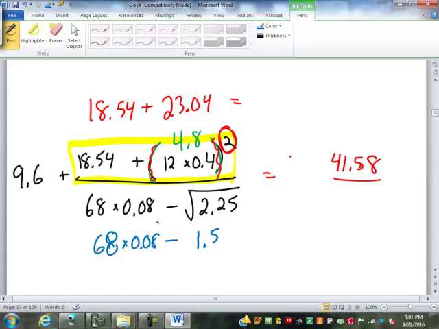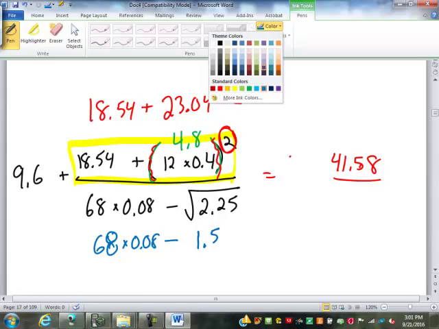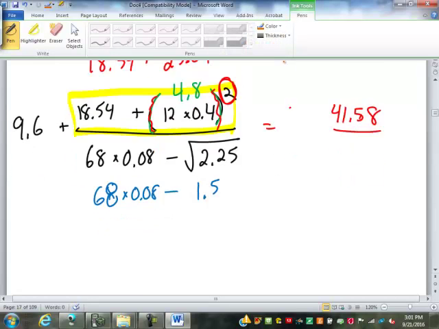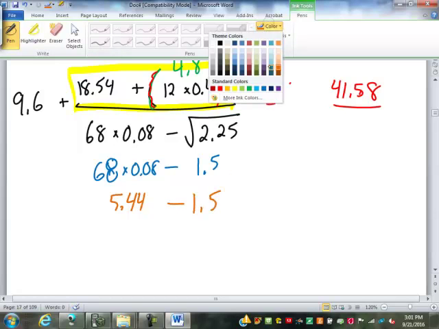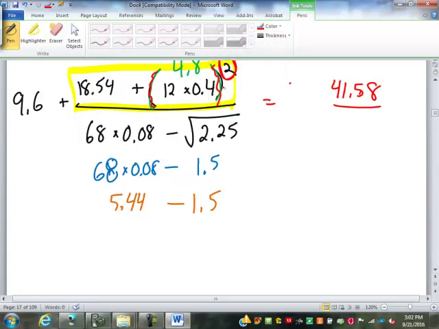Next, we have to do 68 times 0.08, which is what? 5.44, I believe. We subtract 1.5 to get 5.44 minus 1.5 is 3.94. So we have 41.58 on top, 3.94 on bottom.